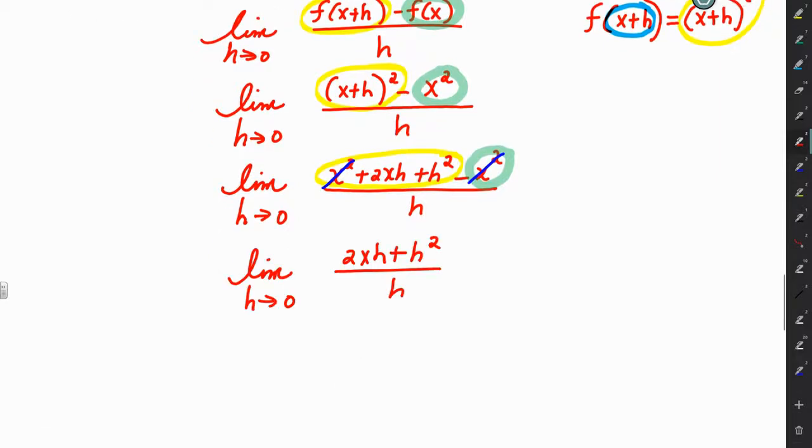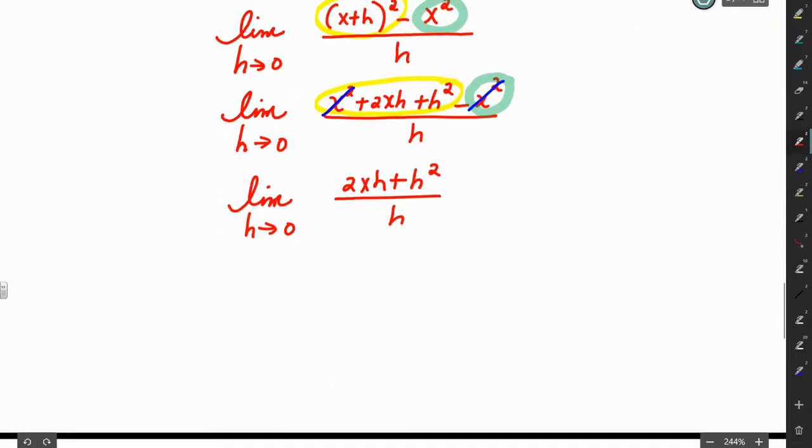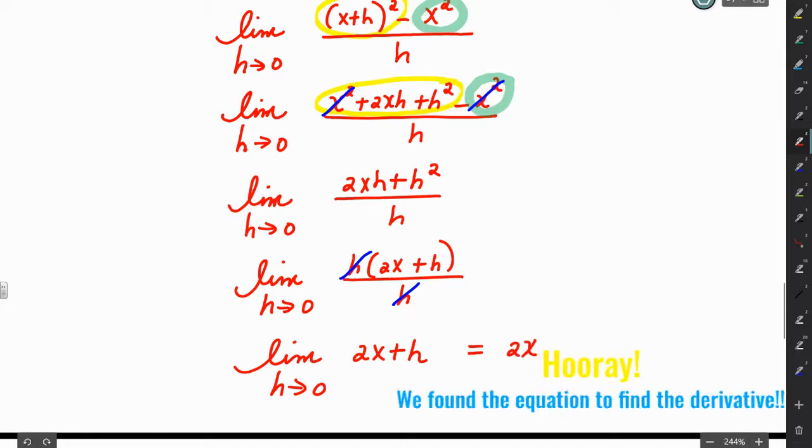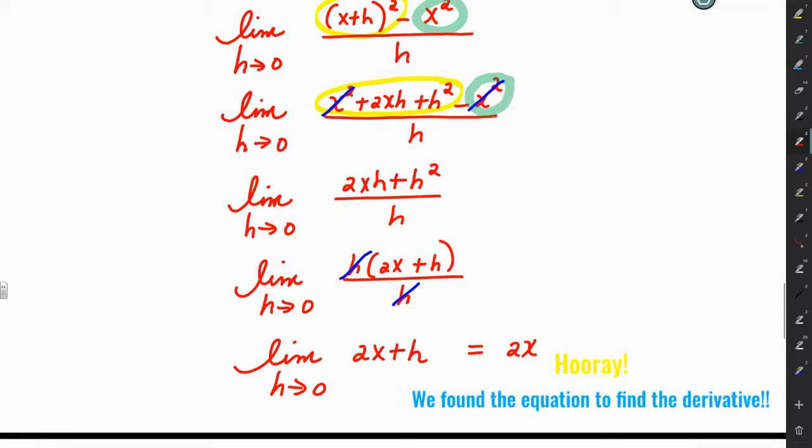Now it looks like I can pull an h out of the numerator, and that's going to really help me out. And now you see what can happen. I can cancel out the h's. And finally, I'm at a point where I can use substitution. I can put 0 into this function, and when I do that, I get 2x. So 2x is the derivative.